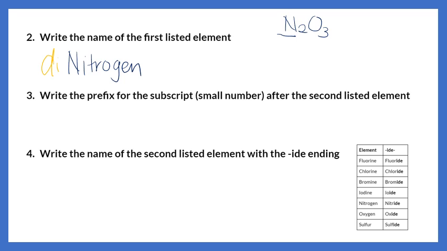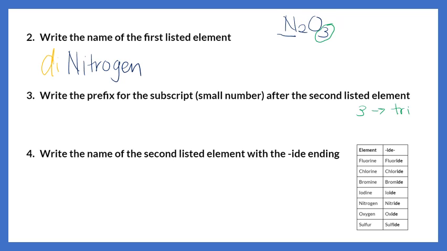Okay, now it says write the prefix for the subscript, the small number, after the second listed element. So the subscript of the second listed element is 3. So we're going to find the 3. And if you look up above, you'll see that 3 is tri.